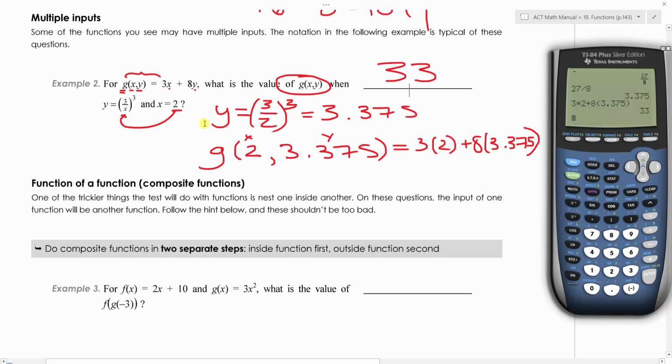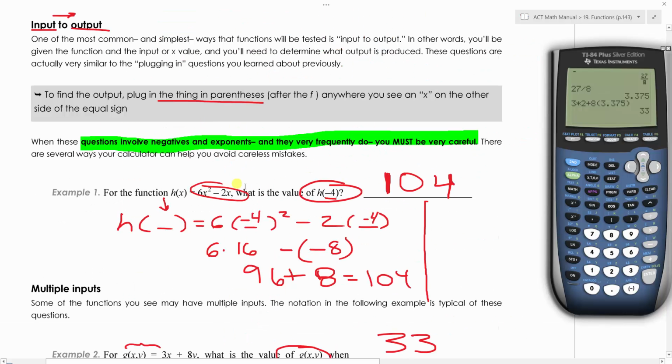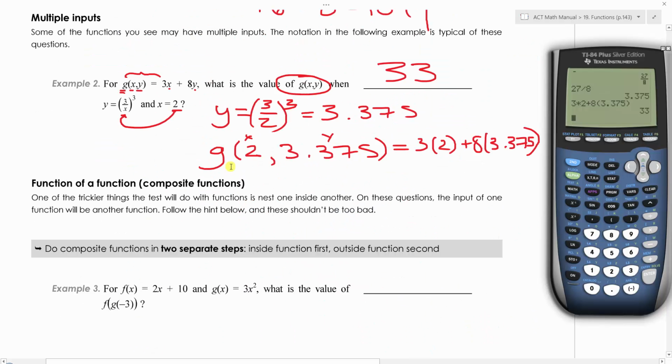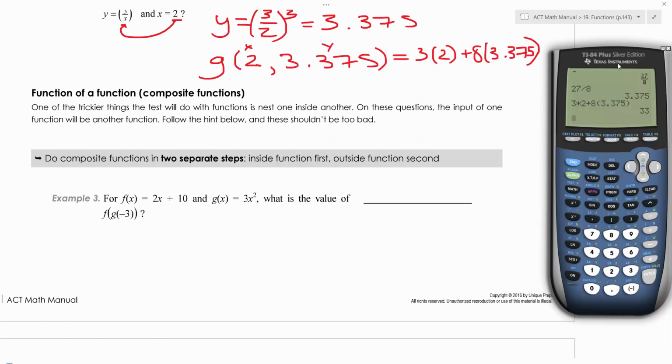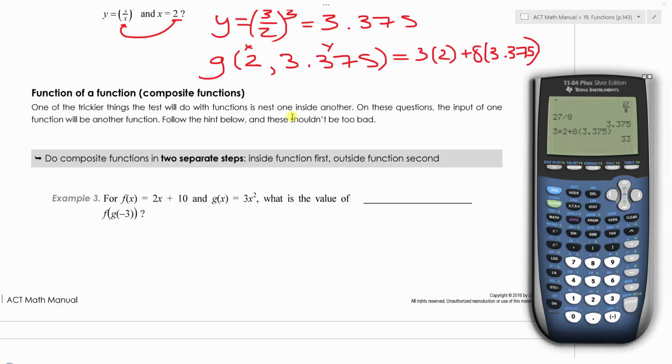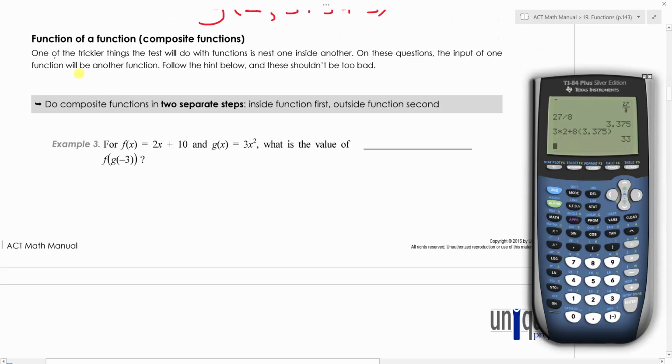So again, all you're doing is dealing with multiple inputs, but you're doing the same thing that you were doing when you were dealing with a single input: just plugging in, substituting. Now, function of a function, composite functions. Some of you may remember notation that, in math class, looked like f and then a little symbol that looked like an o, or even g o f.